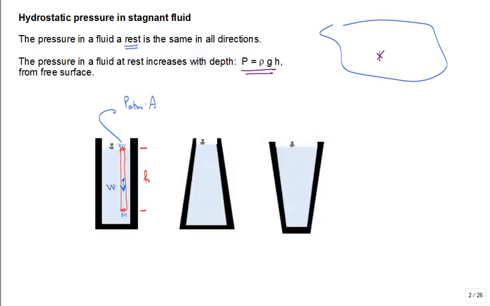What about the weight? That's acting downward too. And so the weight is the product of the mass, which is the mass density of the fluid, times the height times that cross-sectional area. That gives me the volume. Rho V gives me the volume, and then multiplied by rho, that gives me the density.